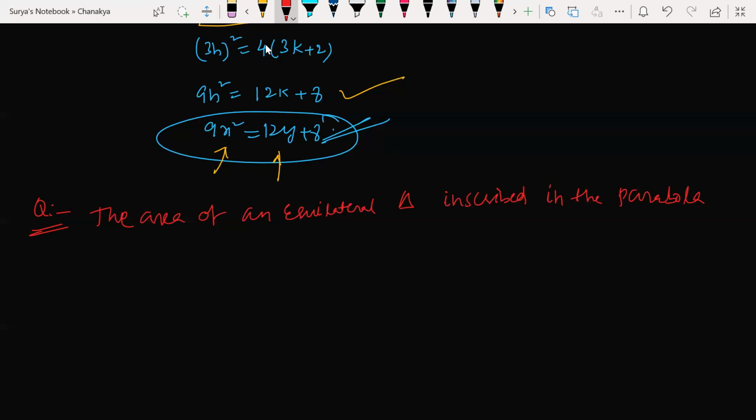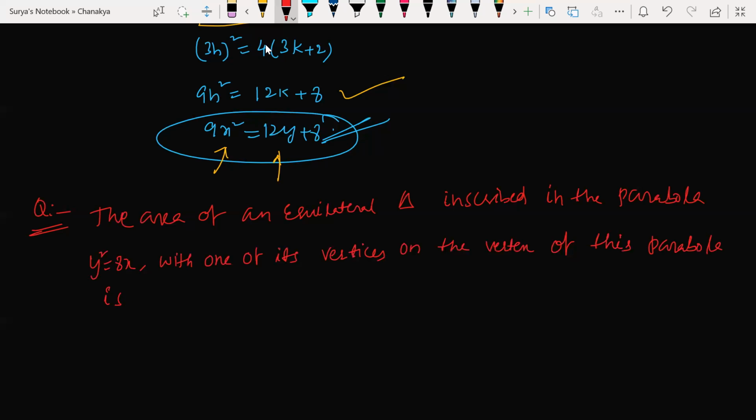The area of an equilateral triangle inscribed in the parabola y square is equal to 8x, with one of its vertices on the vertex of this parabola is dash.